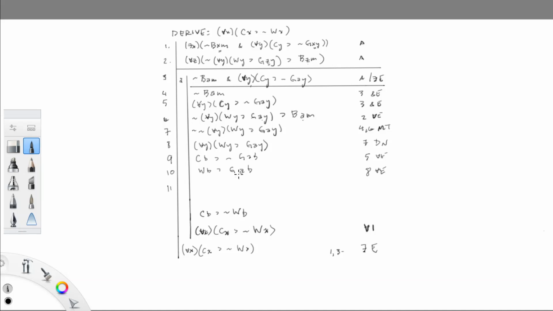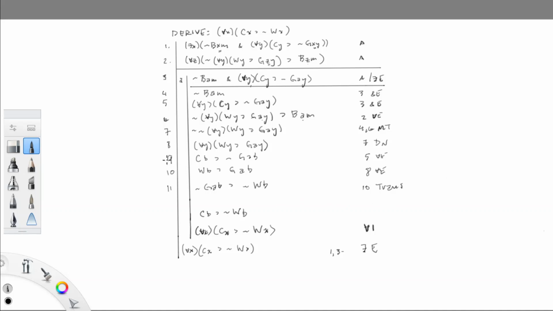Transposition, sometimes called contraposition, says you can take the two sides of a conditional, trade them places, but then add tildes to both of them. So the result would be tilde GAB horseshoe tilde WB. That's line 10, transposition.